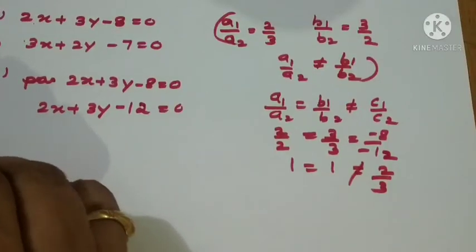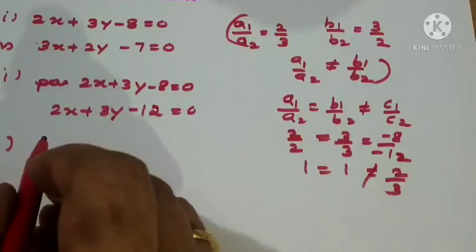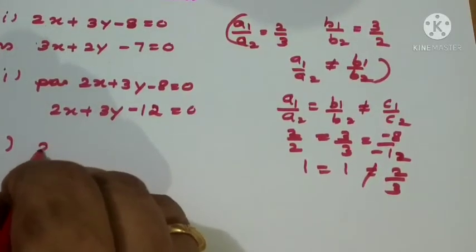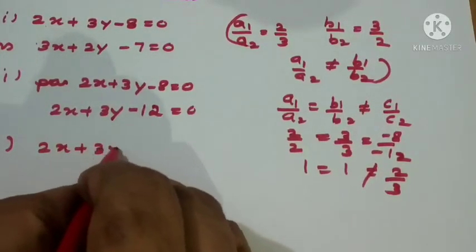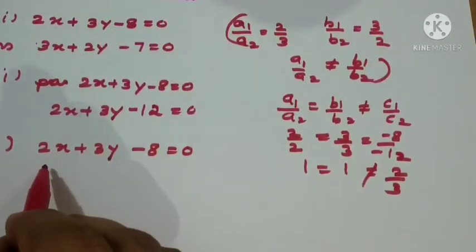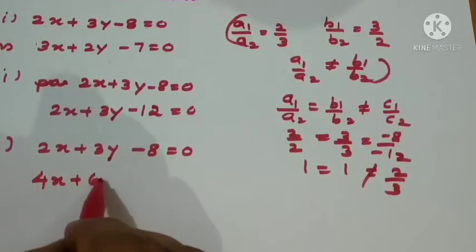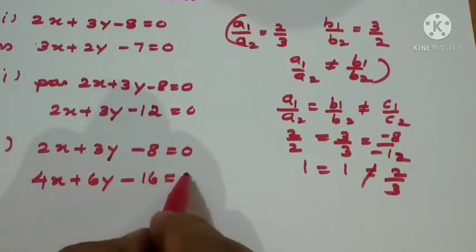Now the third question we need is coincident only. So once again the same equation, 2x plus 3y minus 8 equal to 0. What is the condition we should write? Multiply by 2, I will take. So 4x plus 6y minus 16 equal to 0.